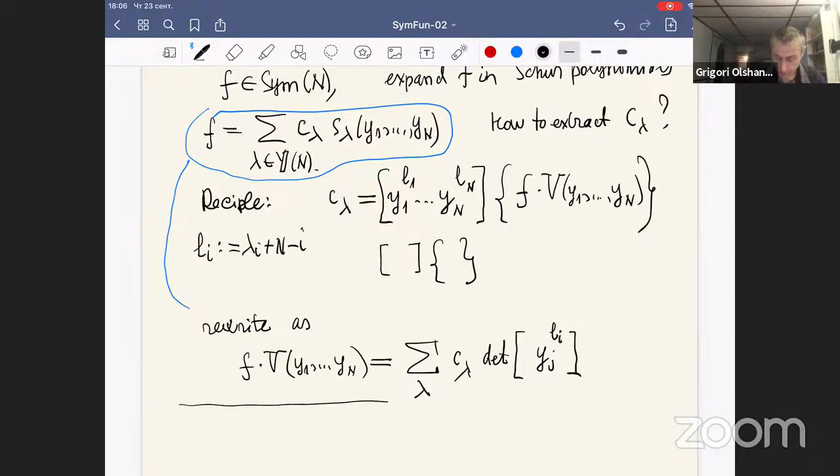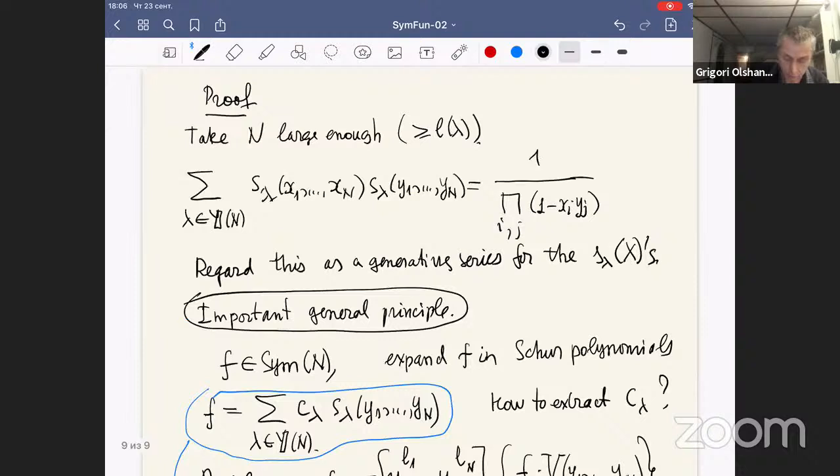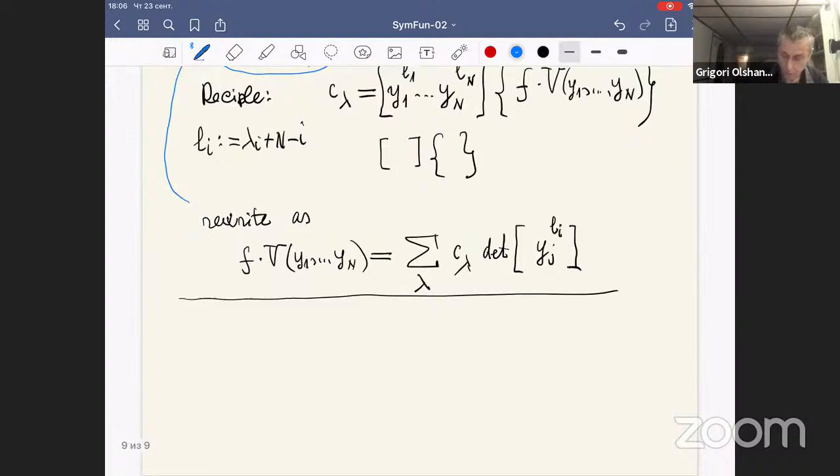But now apply this principle to our identity.